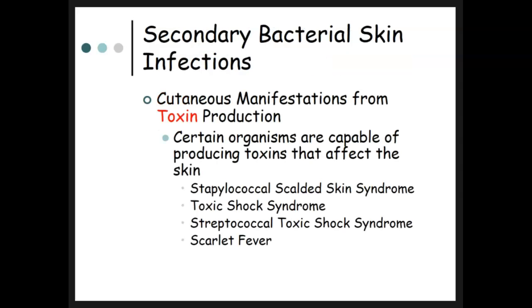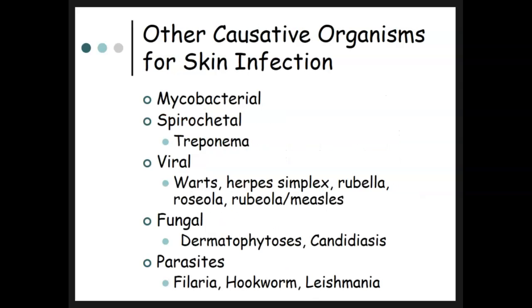Secondary bacterial skin infections can be caused by toxin production, such as the staphylococcal scalded skin syndrome toxin and toxic shock syndrome. Strep can produce a toxin, and scarlet fever causes the rash from a strep toxin. Other organisms that may cause problems with the skin: mycobacteria, which we talked about in Micro 1; spirochetes, treponemes.